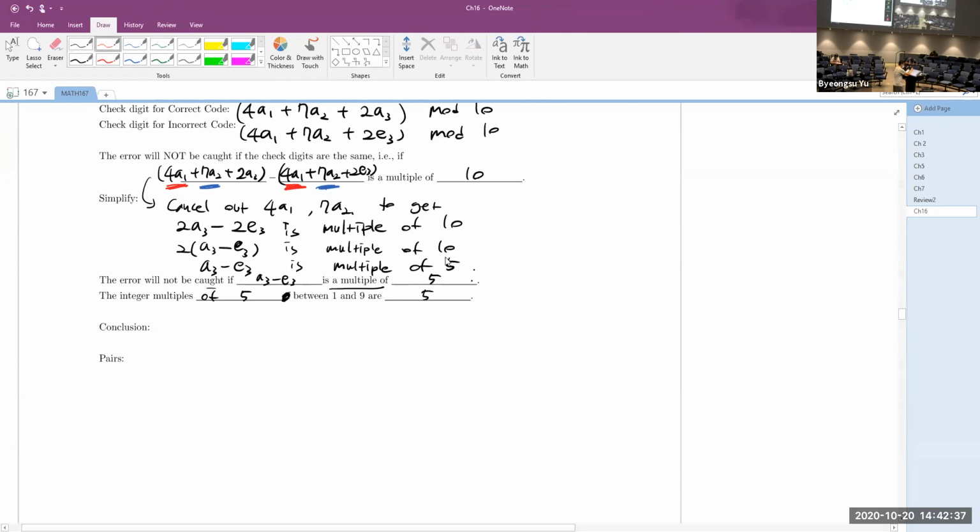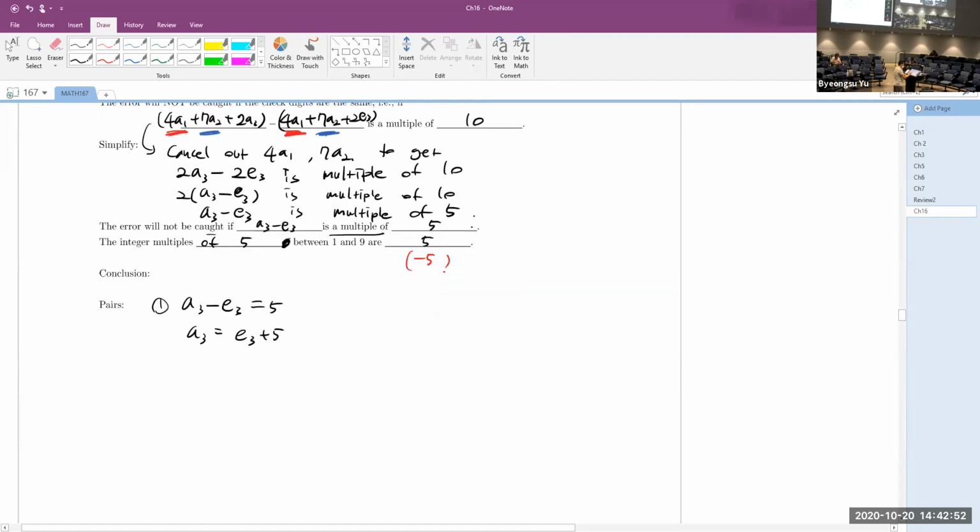And we also care about the negative 5 cases. So A3 minus E3 is 5 when A3 is E3 plus 5.